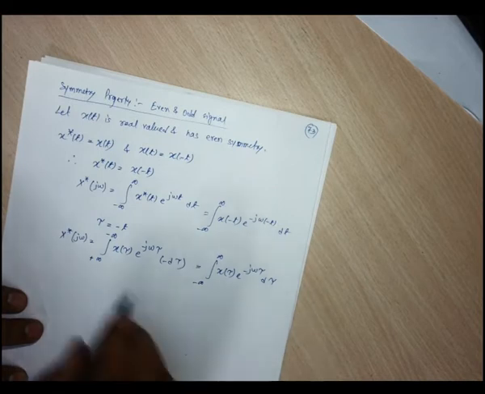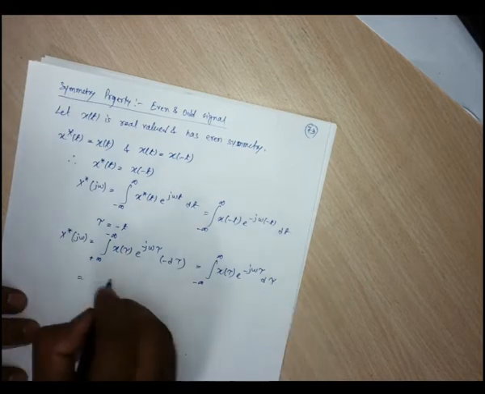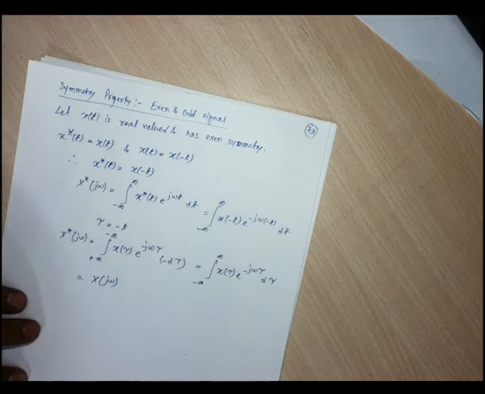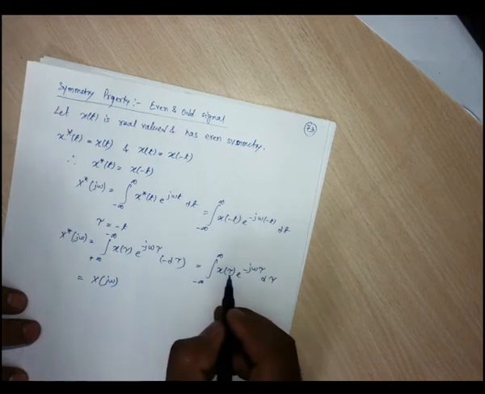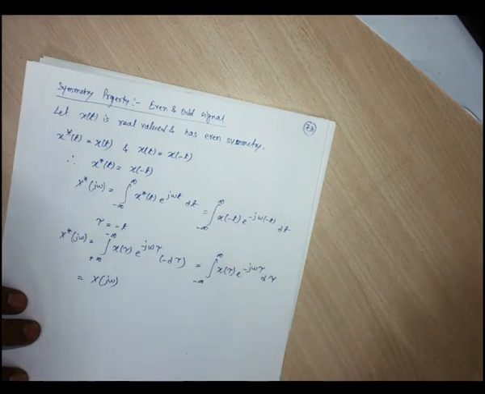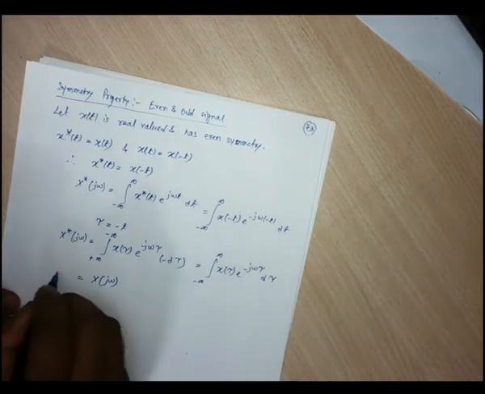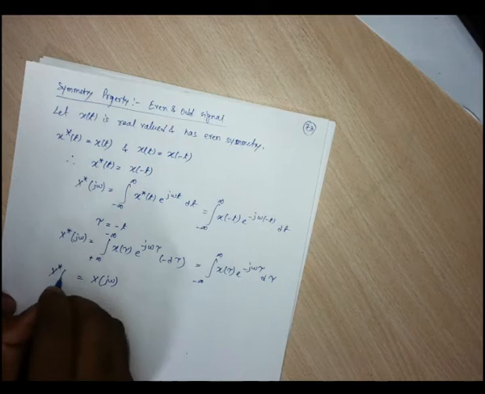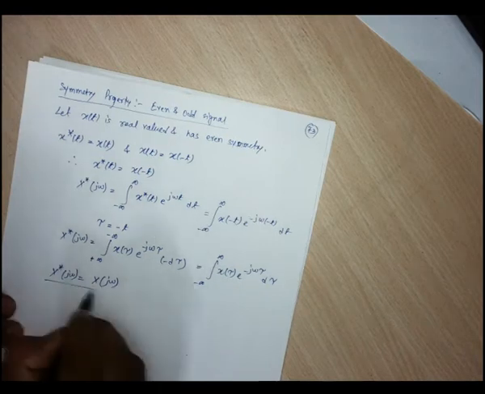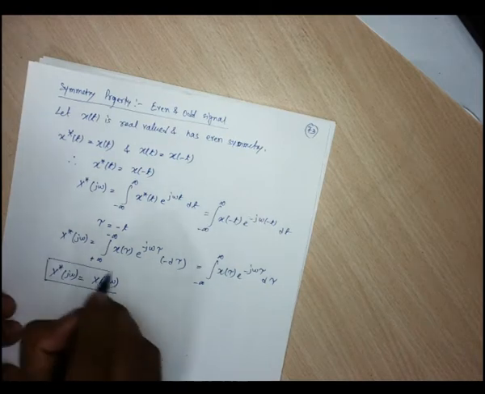So it is the same as x of j omega. Now the independent variable is tau in place of t. So we can write here, x conjugate of j omega is the same as x of j omega.